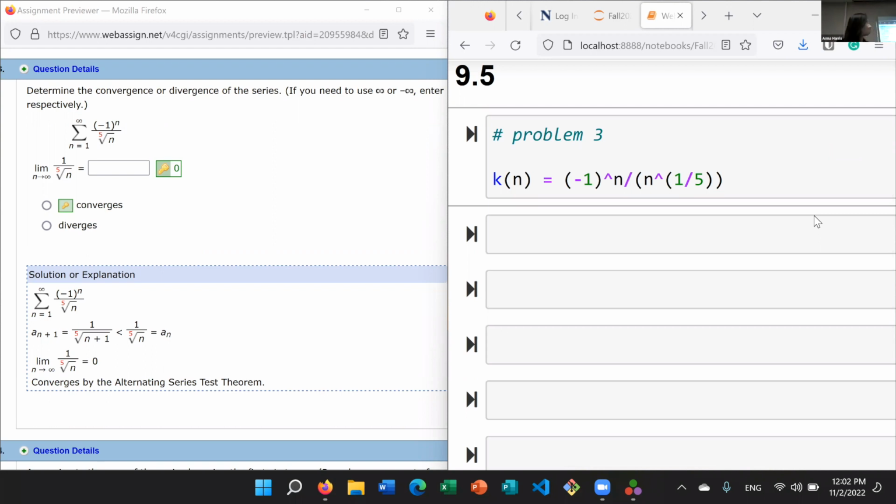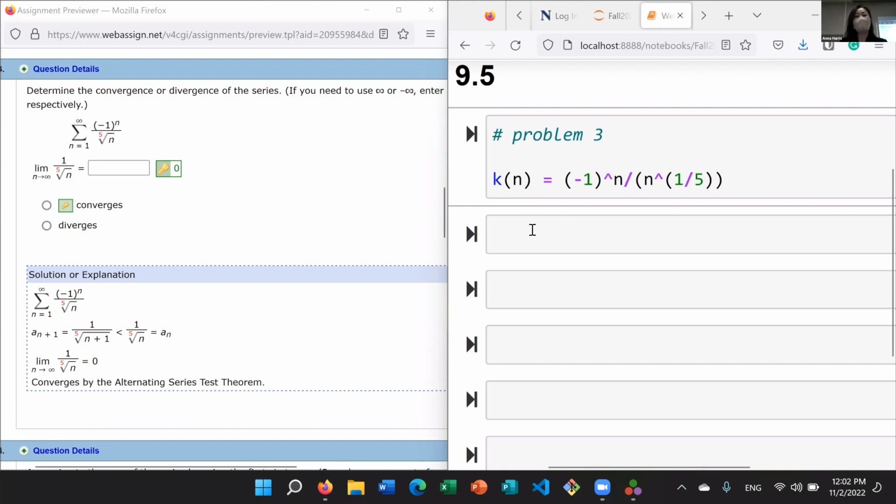Looking at this, I know for sure I'm going to use the alternating series test. Alternating gives you negative and positive terms; the sign changes with each term. You start with the negative 1, right?